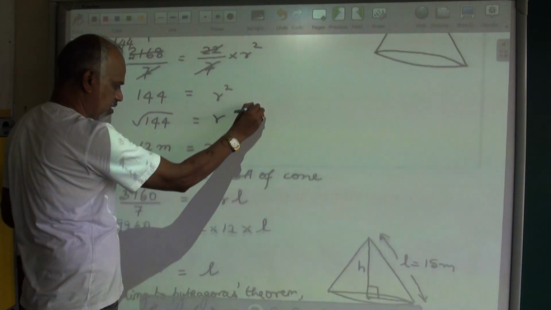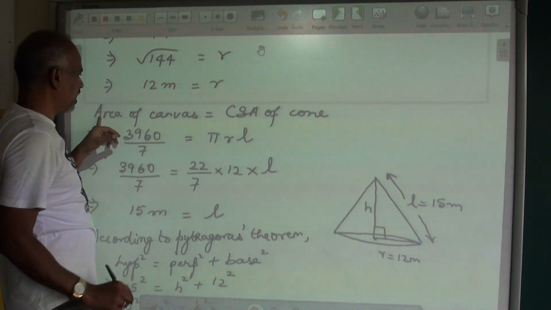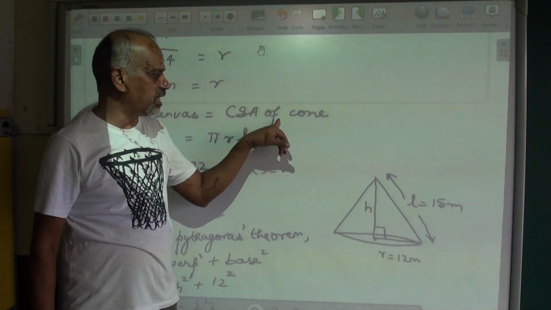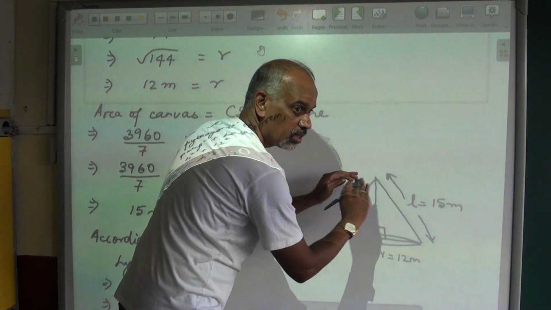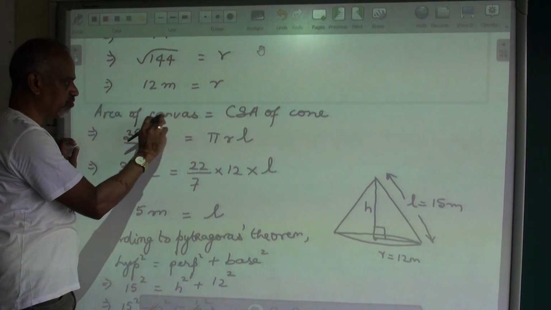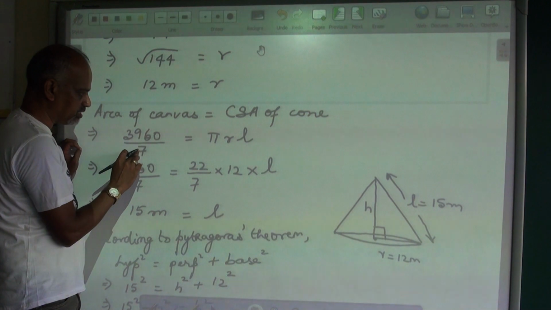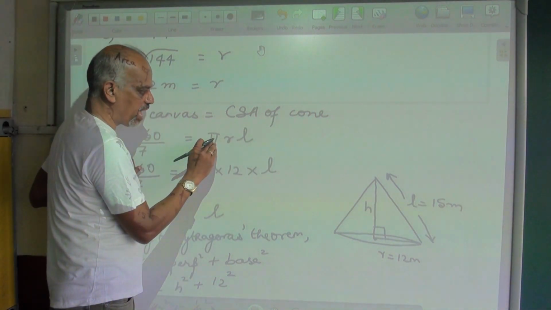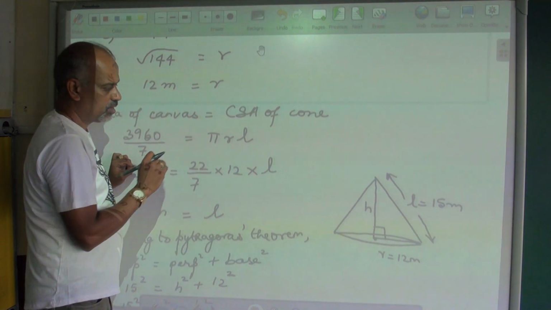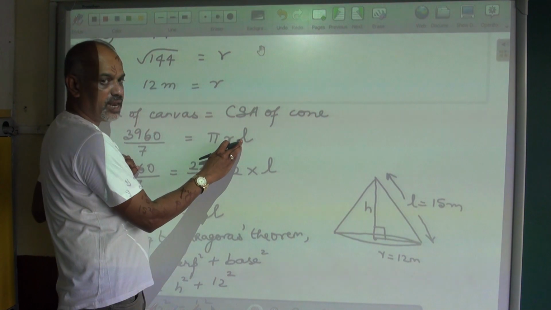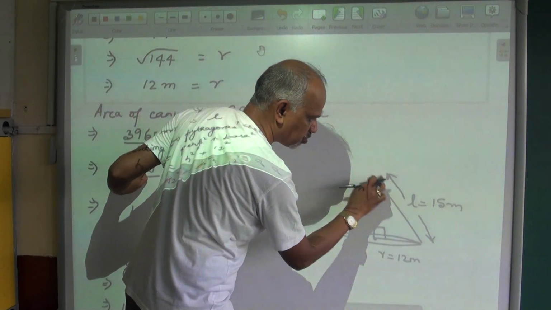So let's go to that calculation. So area of canvas is actually the curved surface area of the cone, only this much. That's the curved surface area of the cone. So area of canvas, you know, is 3960 by 7 is equal to curved surface area of cone formula, pi r l. Pi is a constant, r is the radius of the base of the cone, and l stands for slant height, this one.